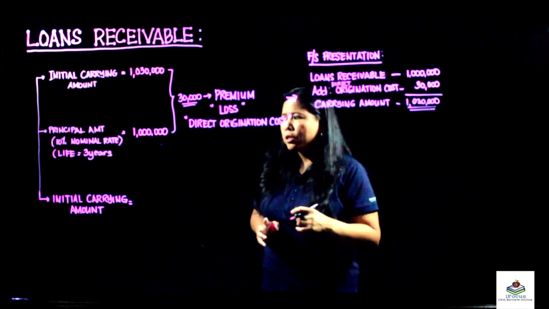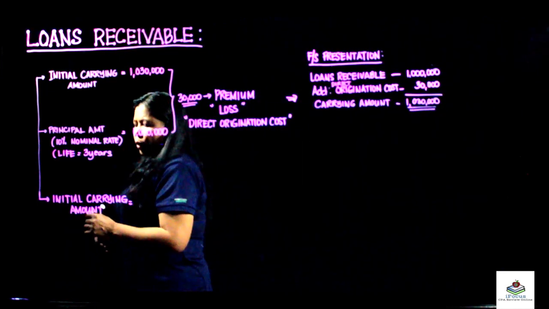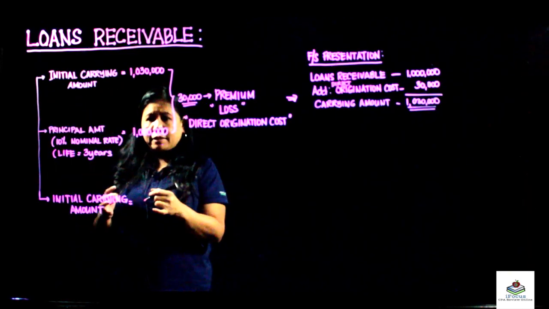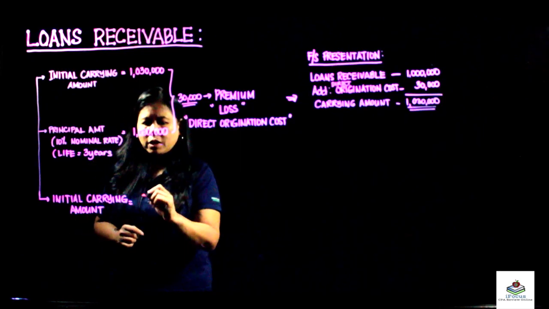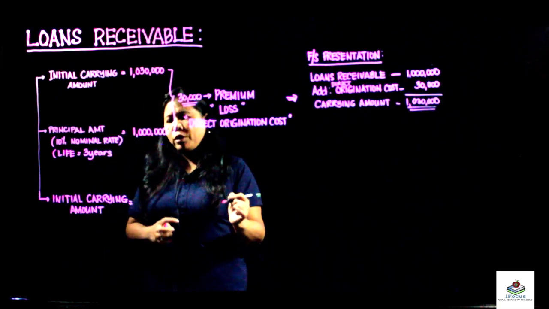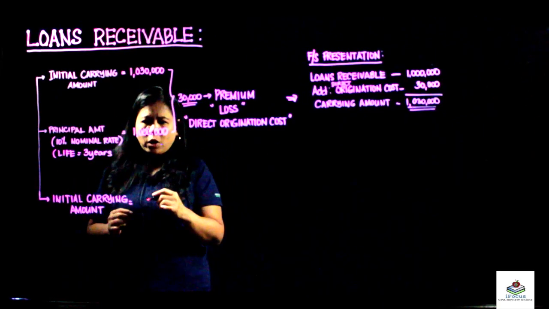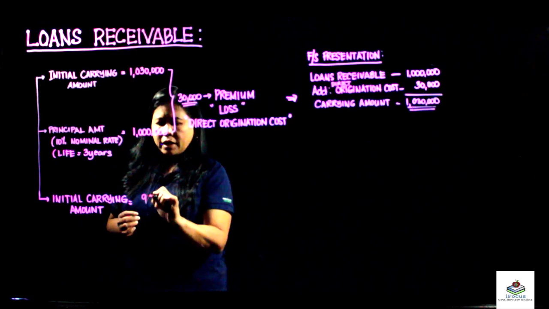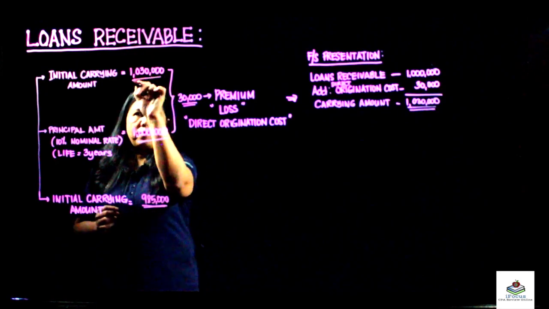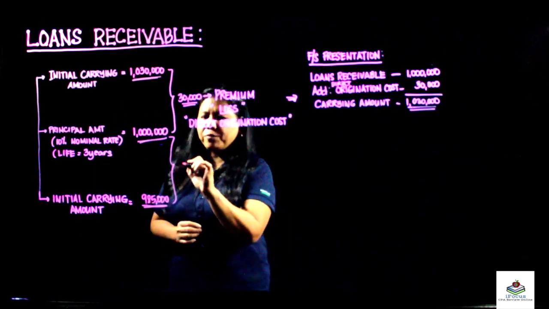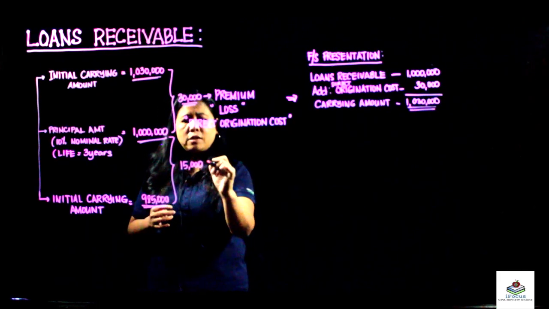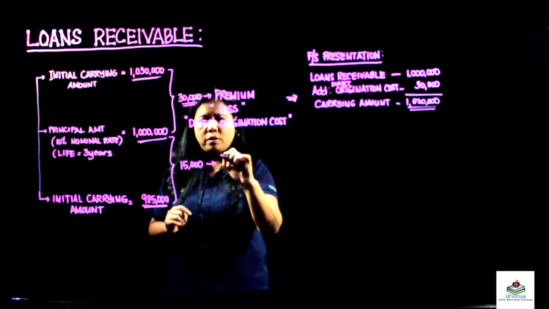All right, so let's get another example where the initial carrying amount of the loans receivable is less than the principal amount. Let's say, on our example a while ago, we have an initial carrying amount of 985,000. The difference of 15,000 is what you call discount.